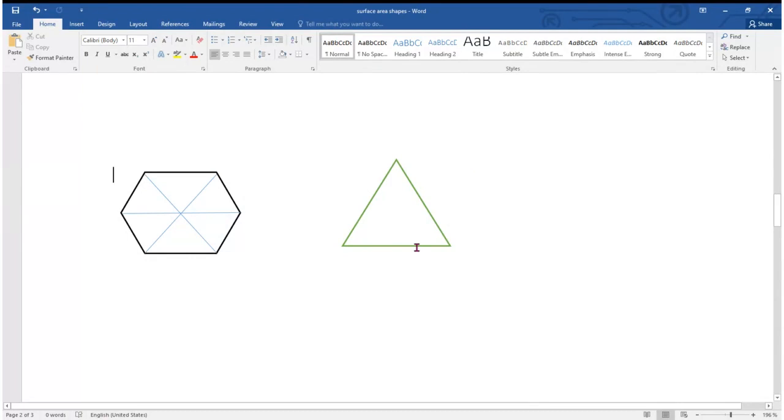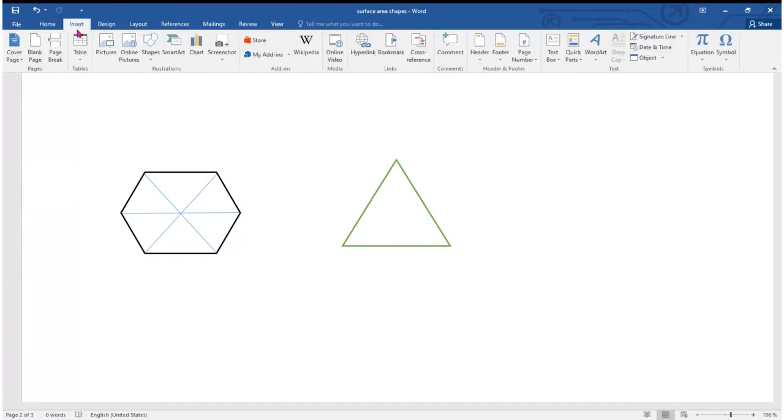So, okay, let me show you how to find the area. Let me insert something here. So here we have it. And draw another one here.